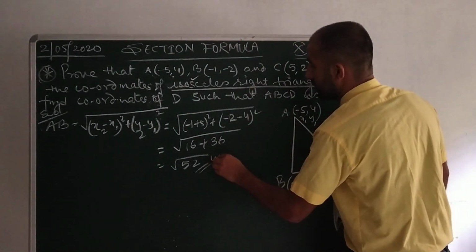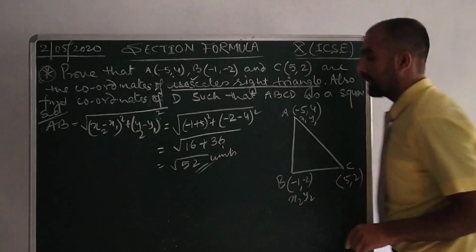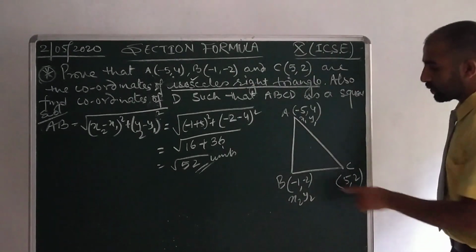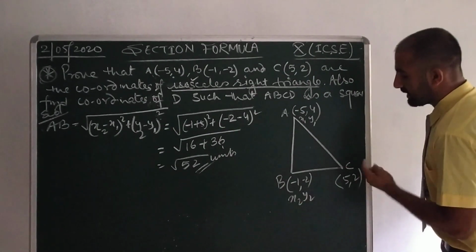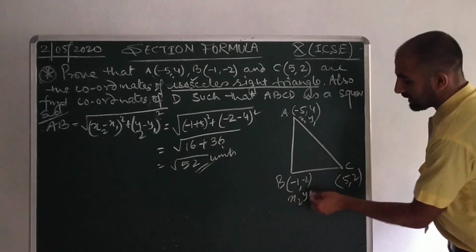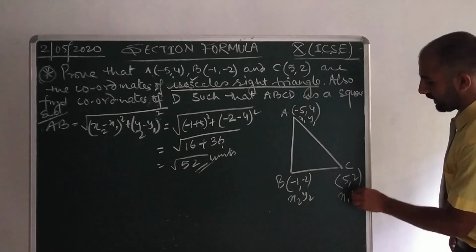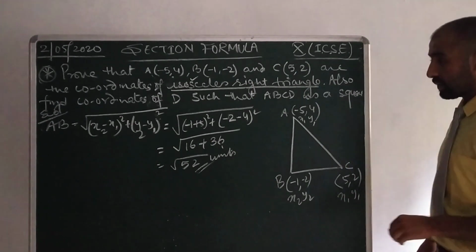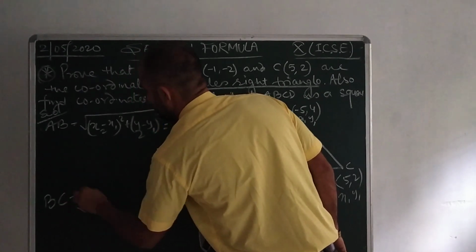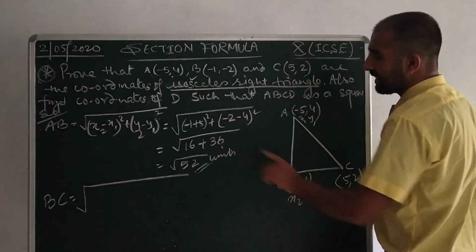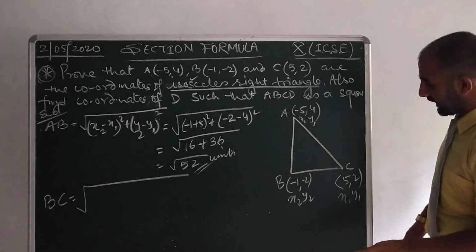Let me not forget to write units. Similarly, now we will go to BC. We will find the distance between B and C. I will take this as x2, y2, and this as x1, y1. Doesn't matter. I'm not going to write the formula again and again, as you know that.